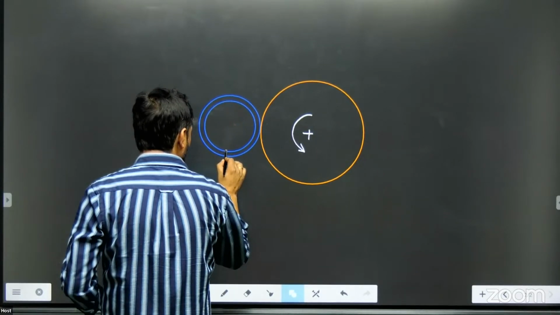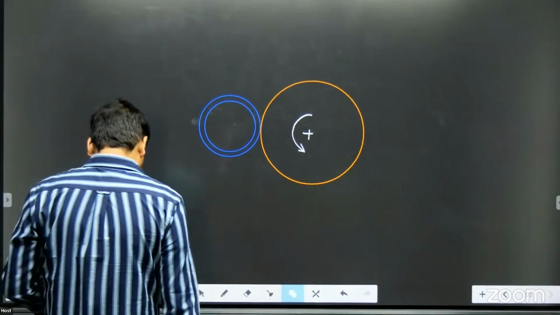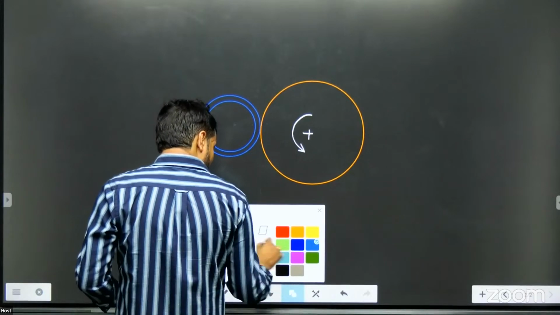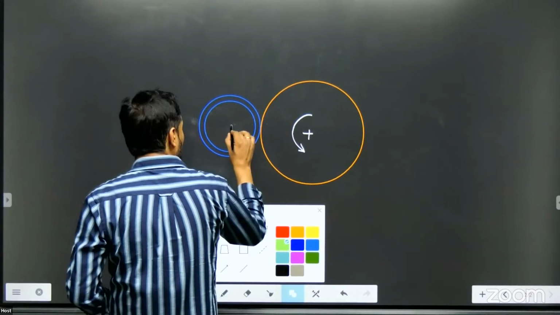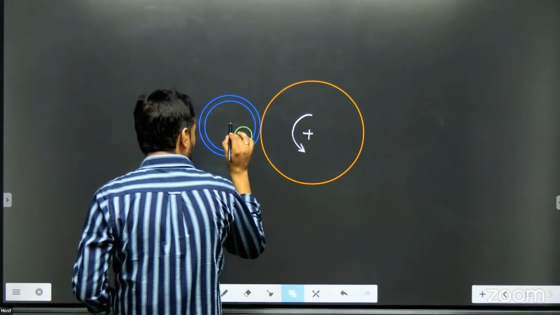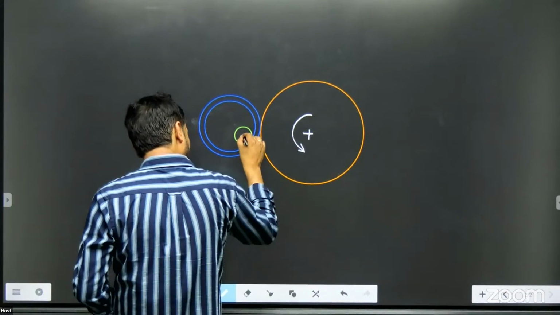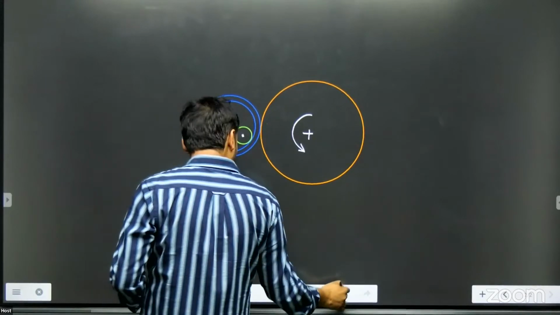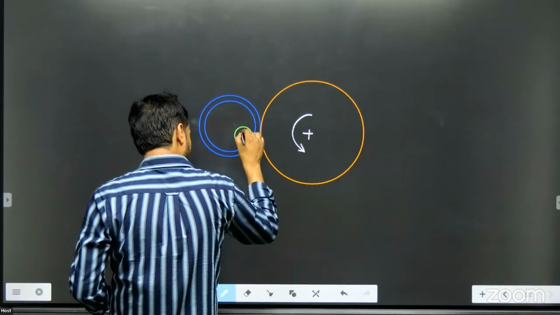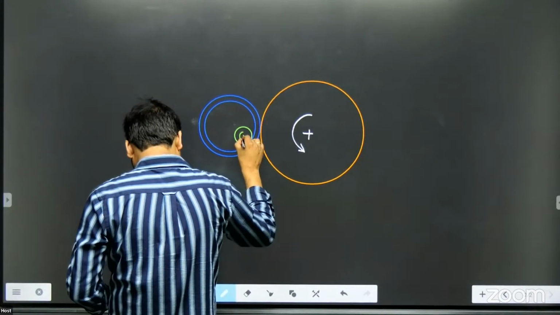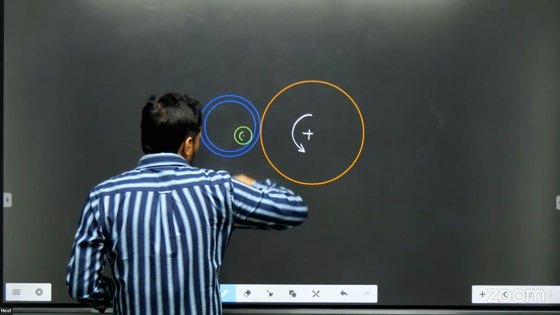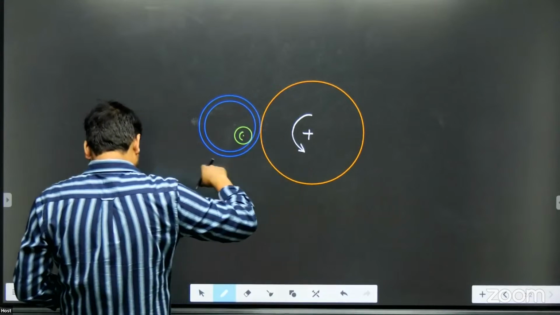And then we have this small wheel, which is the actual grinding wheel. If it is rotating like this, the other will be rotating like that.